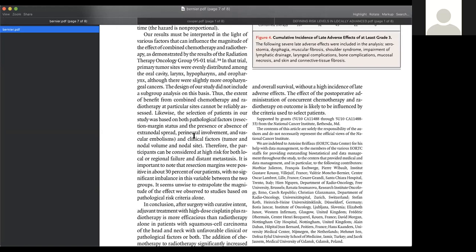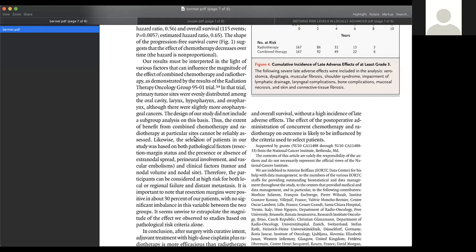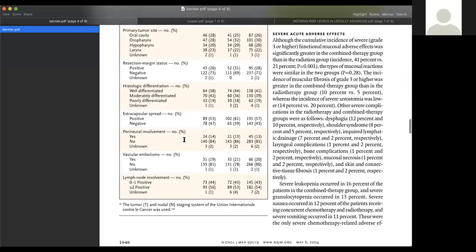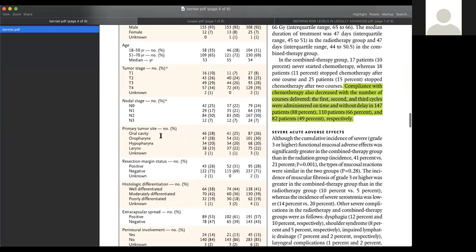In their study, they found that the progression-free survival did not have any subgroup analysis to say which site benefited the most, because if you look at their tumor site, they had tumor sites from all sites in the head and neck. So the majority was oral cavity and oropharynx, then hypopharynx, larynx, and then unknown primaries in a very small subset of patients.